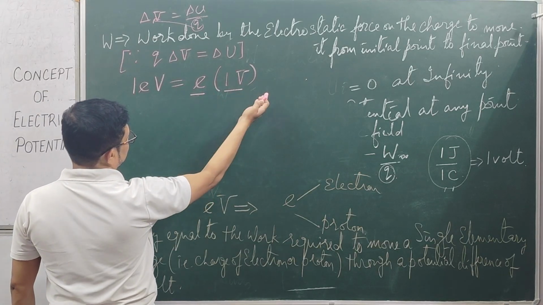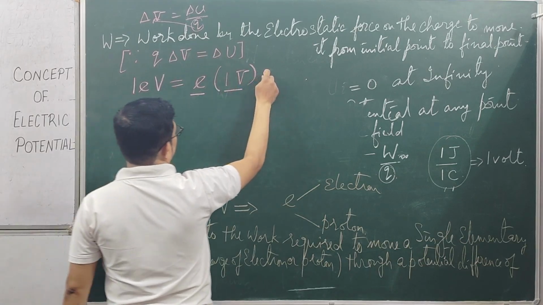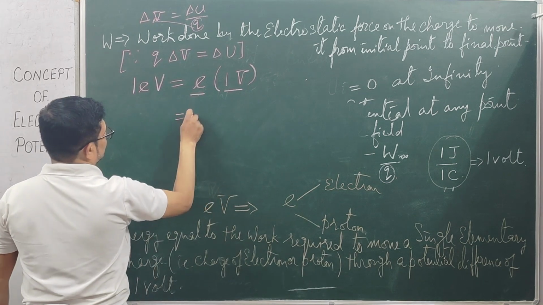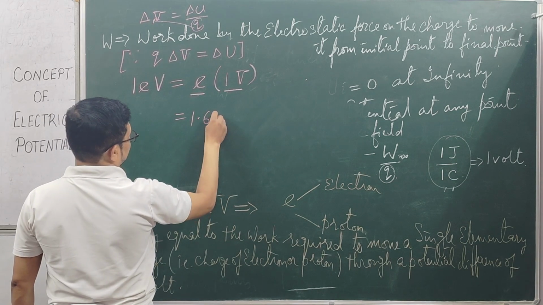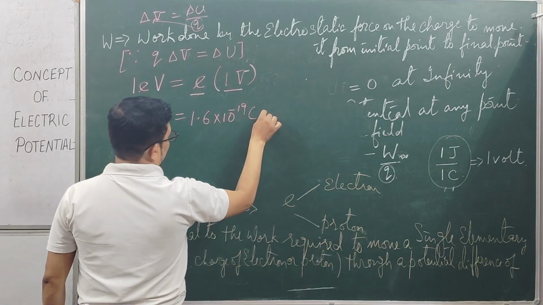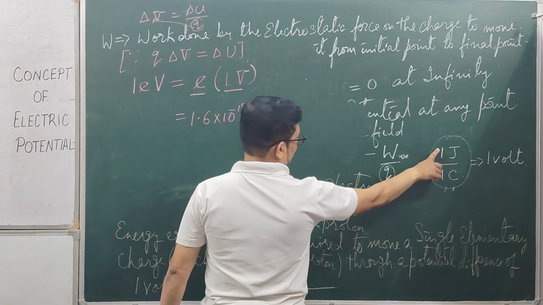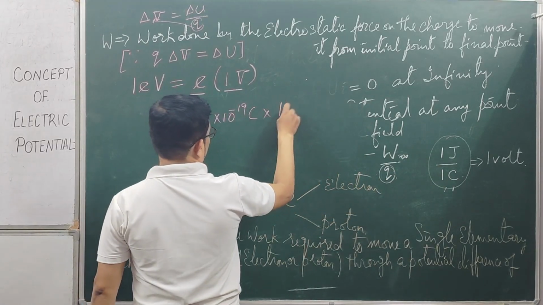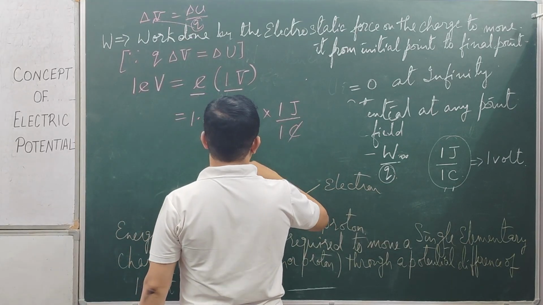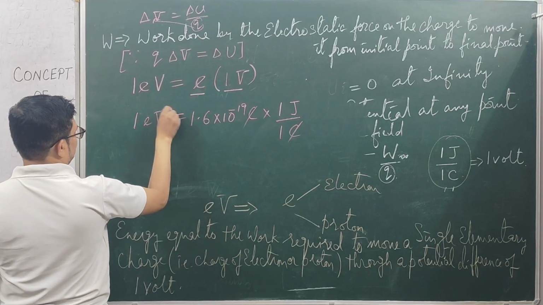So we can convert this into energy, because this is equal to delta U. The elementary charge is 1.6 times 10 raised to the power minus 19 coulombs, and this is 1 volt. 1 volt is 1 joule over 1 coulomb, so the coulombs cancel.